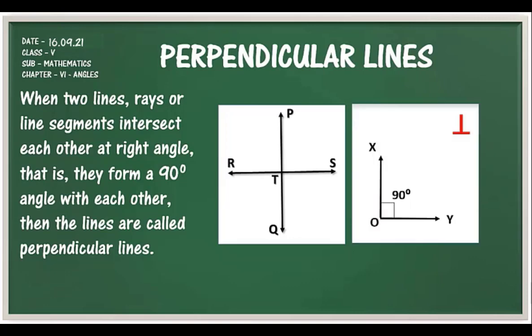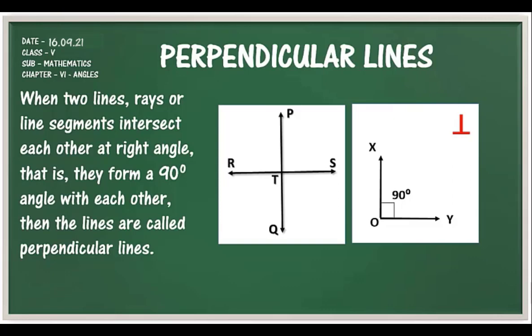So, lines PQ and RS are perpendicular lines. In another image, you can see that rays OX and OY meet at point O and form an angle of 90 degrees at point O. Therefore, OX and OY are also perpendicular to each other.